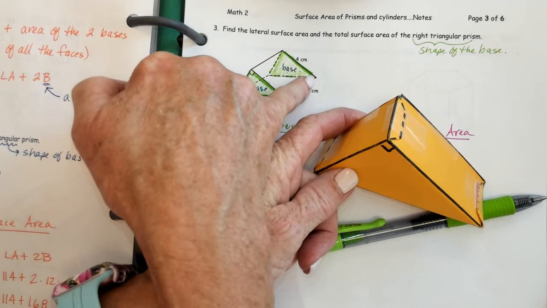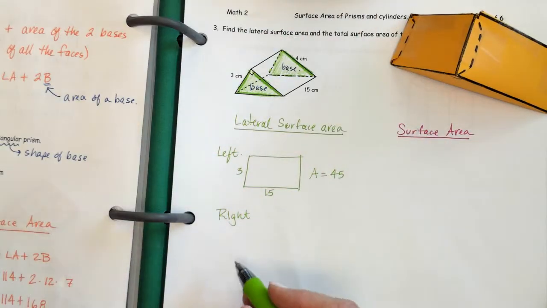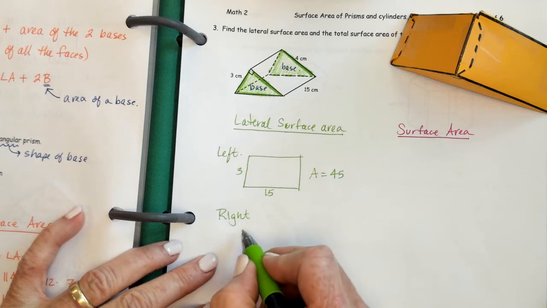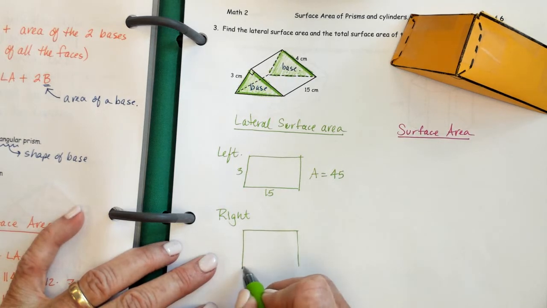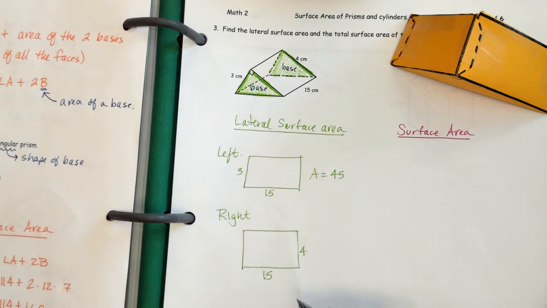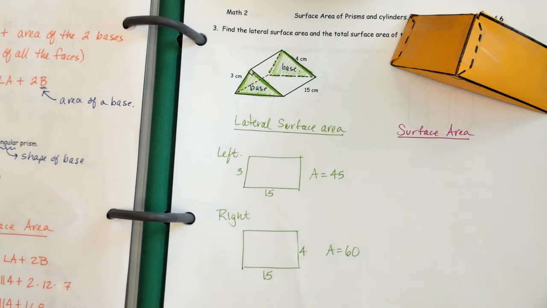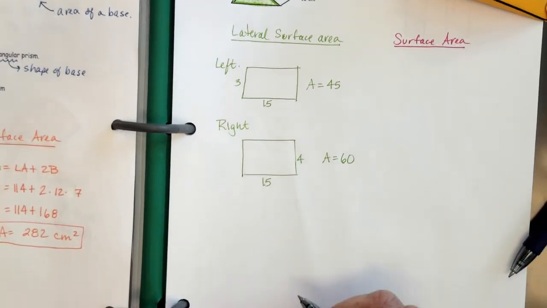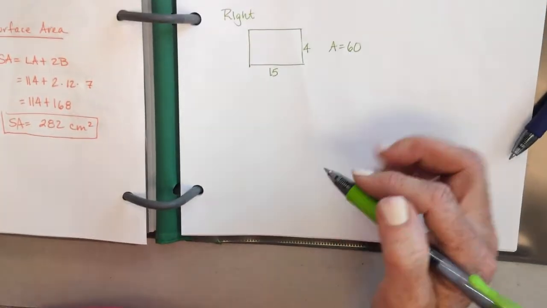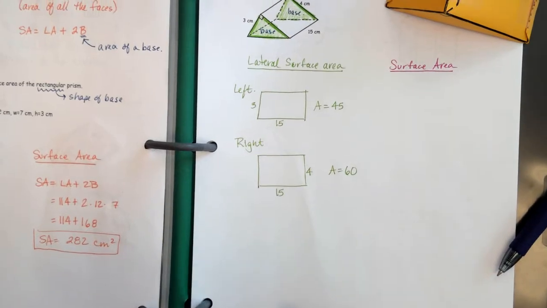Dimensions of that rectangle, 4 by 15. And 4 times 15, that area is 60.